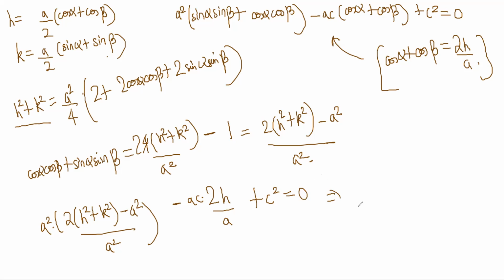So this cancels: 2h square plus 2k square minus A square, minus 2hc, plus c square.